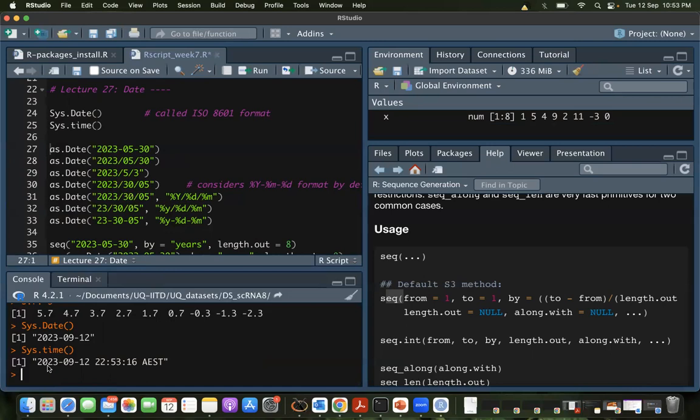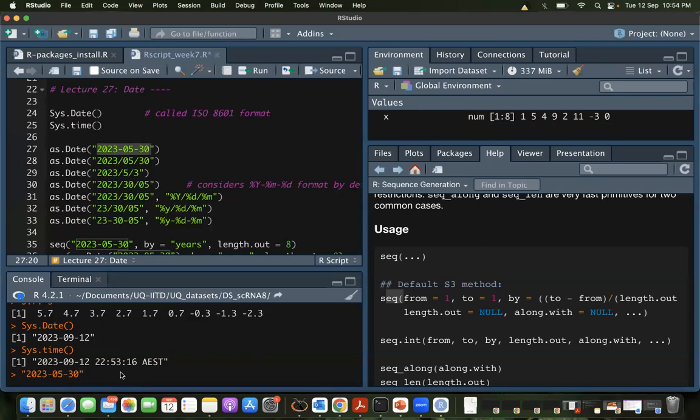Currently we are dealing with two types of data, numeric and character. Let's say I'm writing a date here. Before we begin, a date is comprised of day, month, and year. In India, we follow the format of 2 letters for day, 2 letters for month, and mostly 4 letters for the year, or sometimes 2 letters.